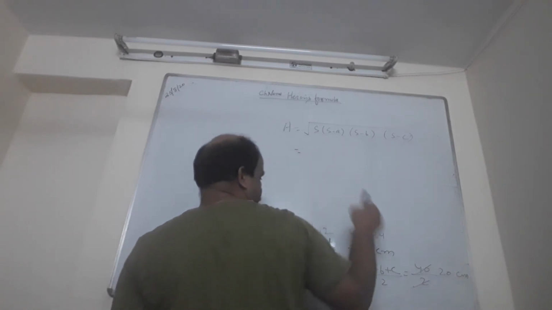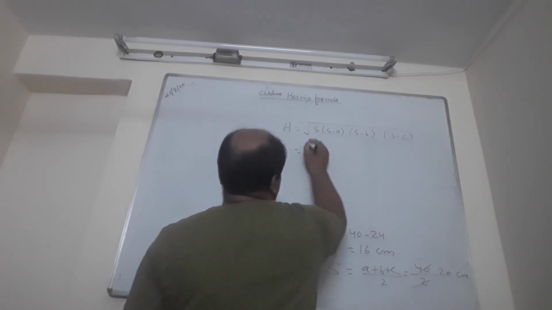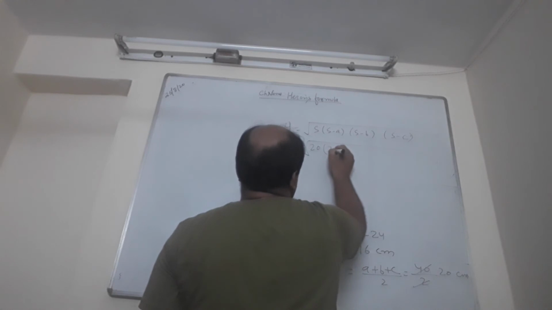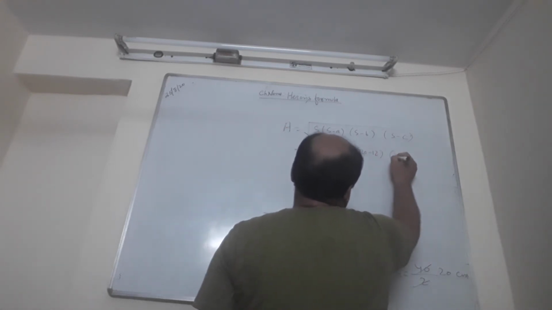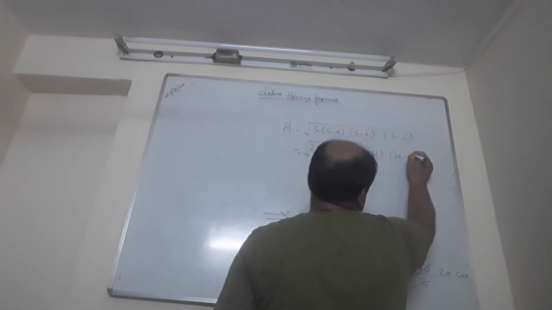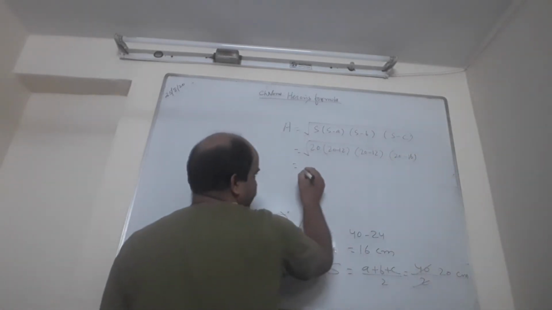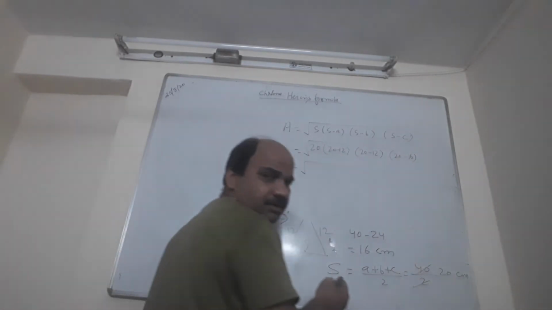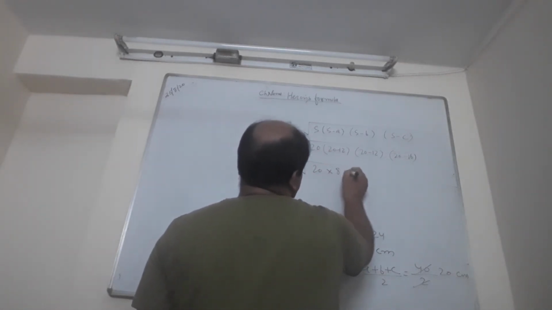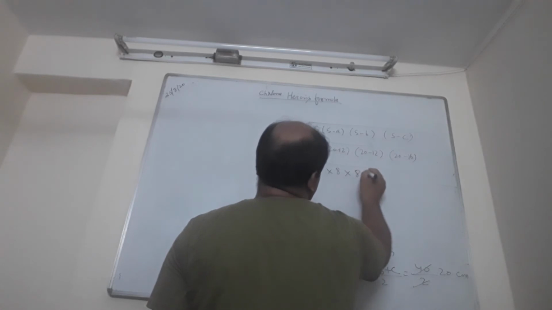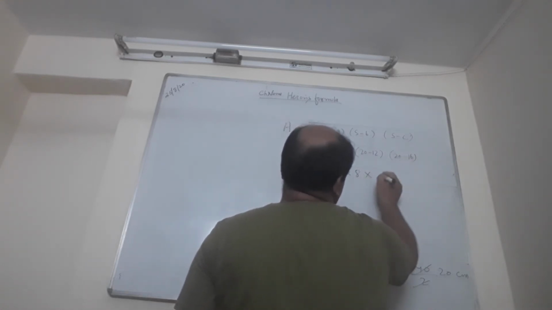So what we write for s, that is 20, under root 20, then 20 minus 12, 20 minus 12 and 20 minus 16. So what will it give you? 20 minus 12 will give you 8, again 20 minus 12 will give you 8, and 20 minus 16 will give you 4.